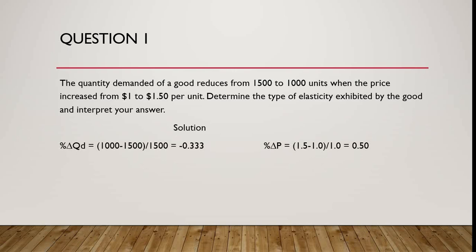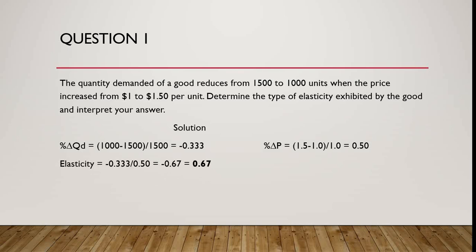For the percentage change in quantity demanded, I use the first method, which is the most common method. That is going to be 1,100 minus 1,500 divided by 1,500. So the percentage change in quantity demanded is going to be negative 0.267, and the percentage change in price is going to be 0.5.